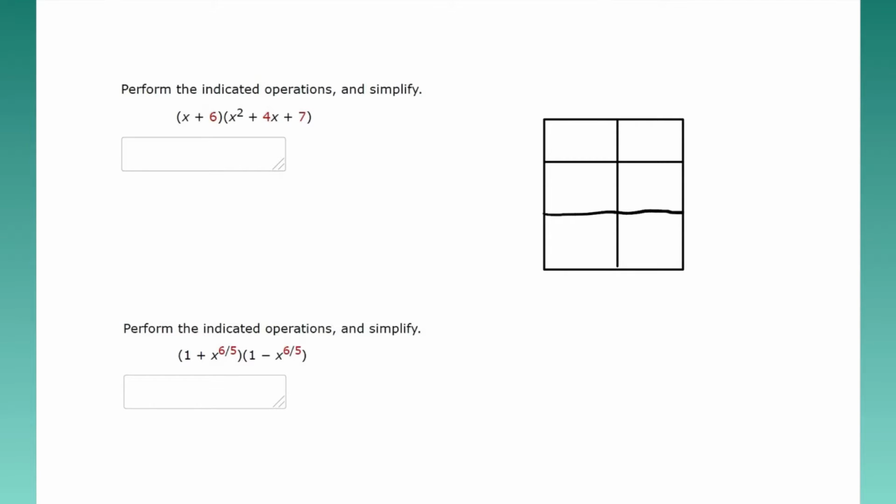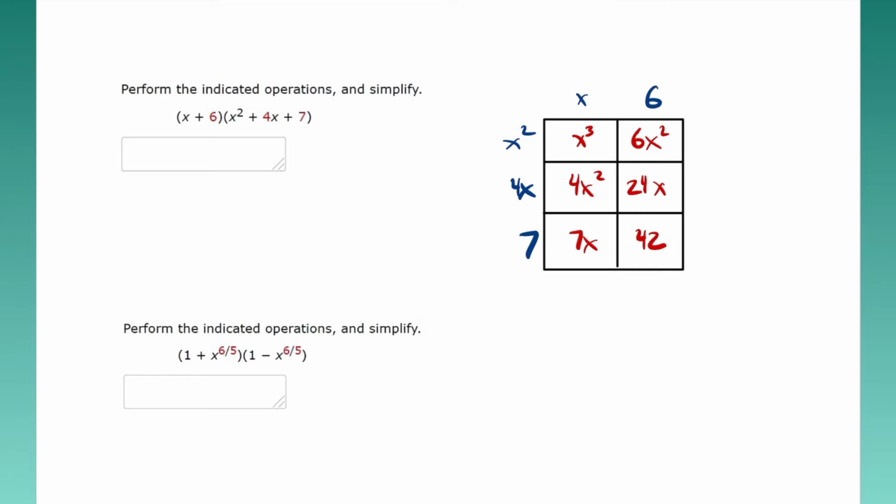The binomial is x plus 6. The trinomial is x squared plus 4x plus 7. Now I just multiply the row times the column to get the entry. This first entry will be x to the third. This will be 6x squared, 4x squared, 24x, 7x, 42.